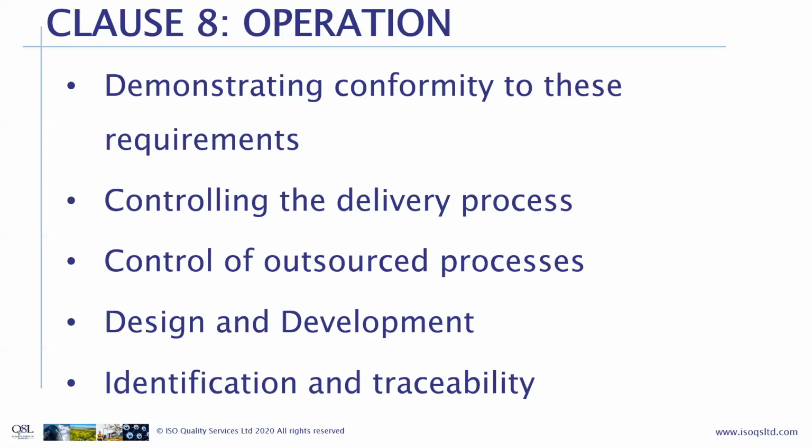Within this section, control of outsourced processes, is managing the evaluation and the monitoring the performance of your suppliers and subcontractors. We would expect to see an approved supplier subcontractor list. We would expect to see that your suppliers supply you with product that meets specification.